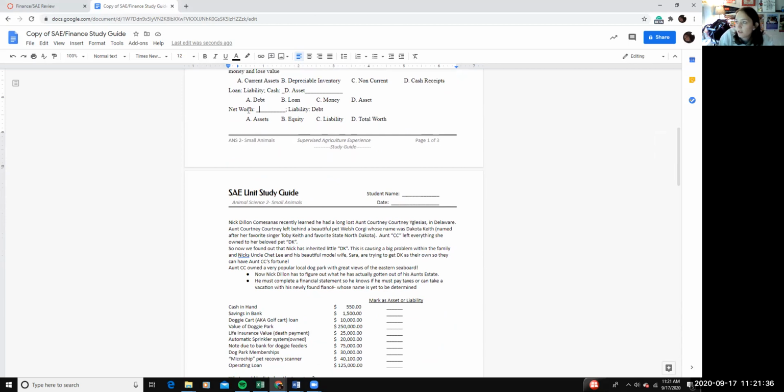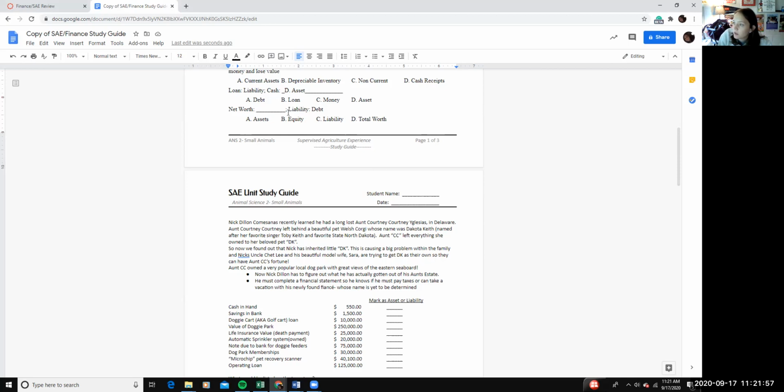All right, net worth blank, and a liability is debt. Okay, so I was confused on this one at first. So net worth is the same as blank, and liability is the same as a debt.